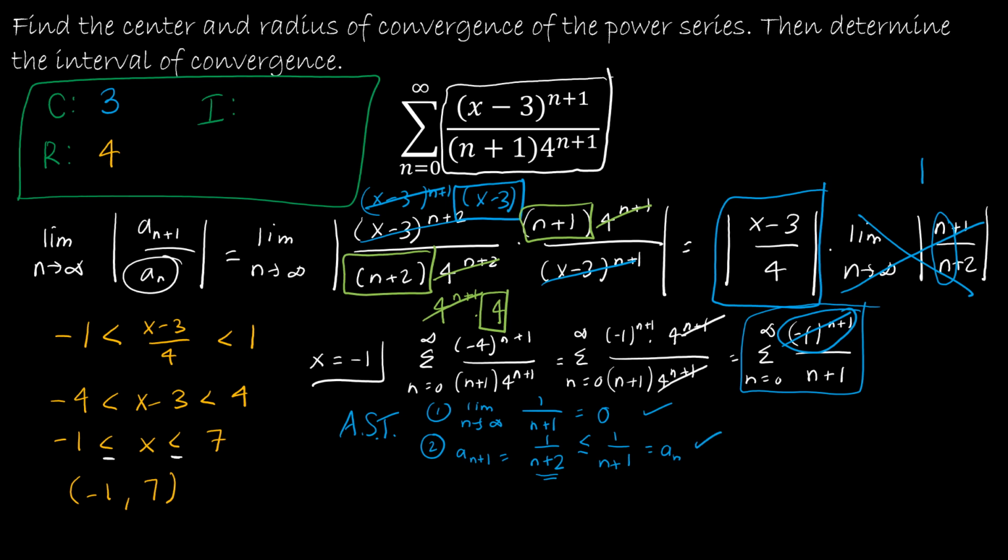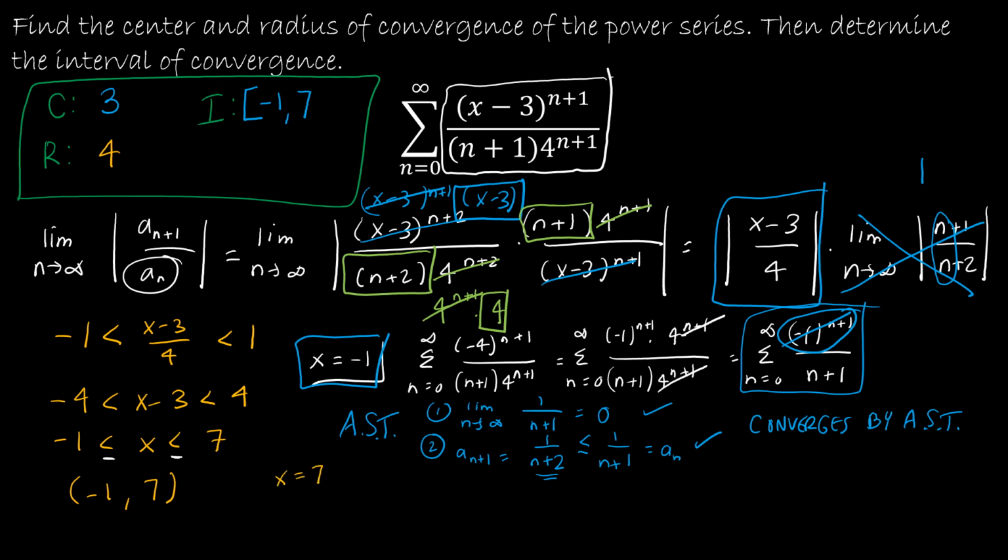And therefore, because both conditions are met, this converges by the alternating series test, and therefore that tells me that x equals -1 is included, which tells me that this is a closed parenthesis at -1. And I know this is 7, but I don't know if it's an open parenthesis or closed parenthesis, so that's my last step.